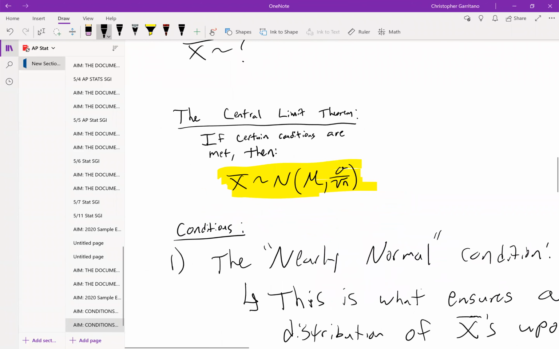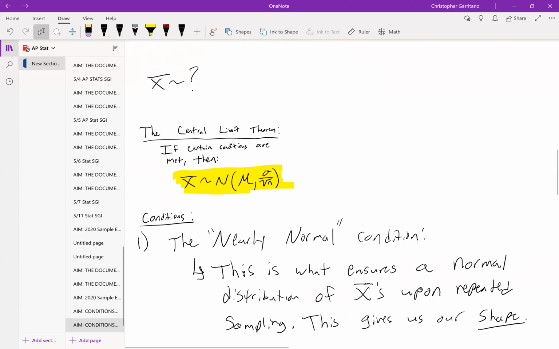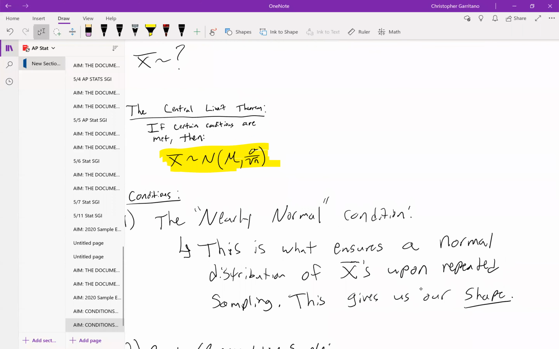First off, we have this thing called the nearly normal condition. First of all, this can be checked in two ways. So the nearly normal condition, you might ask yourself, is n greater than 30? If that is the case, then the nearly normal condition is met. You don't have to do anything further.